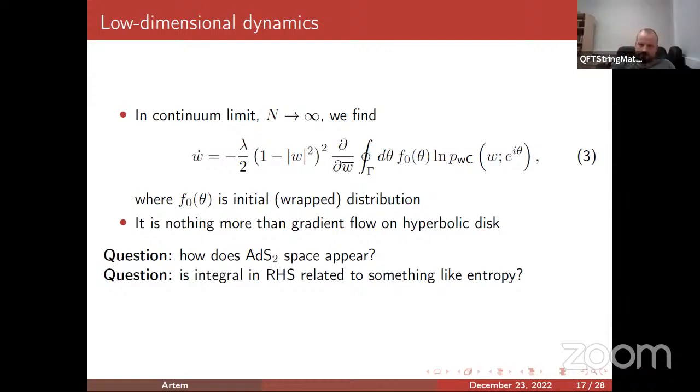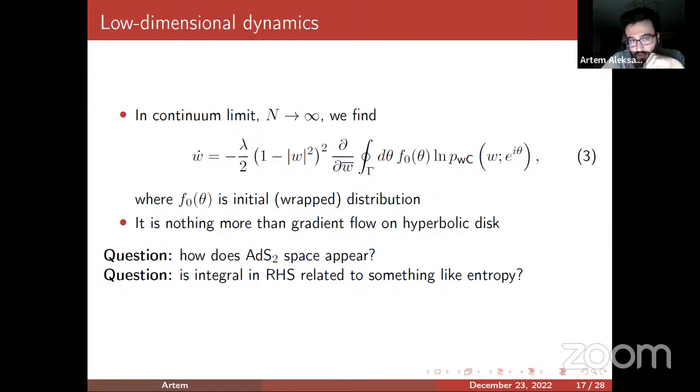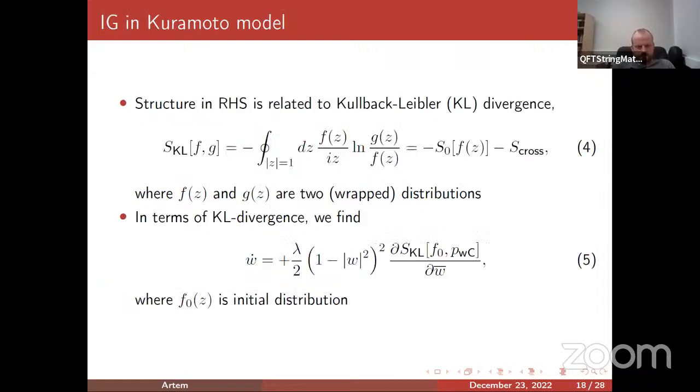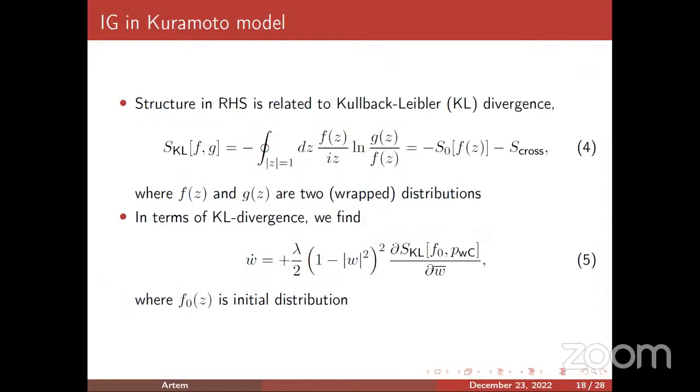I know that this gradient flow is related to the so-called Bregman function, but I don't know about the Kähler potential. Okay. Once again, it's very close to the Kähler potential, but not identical.